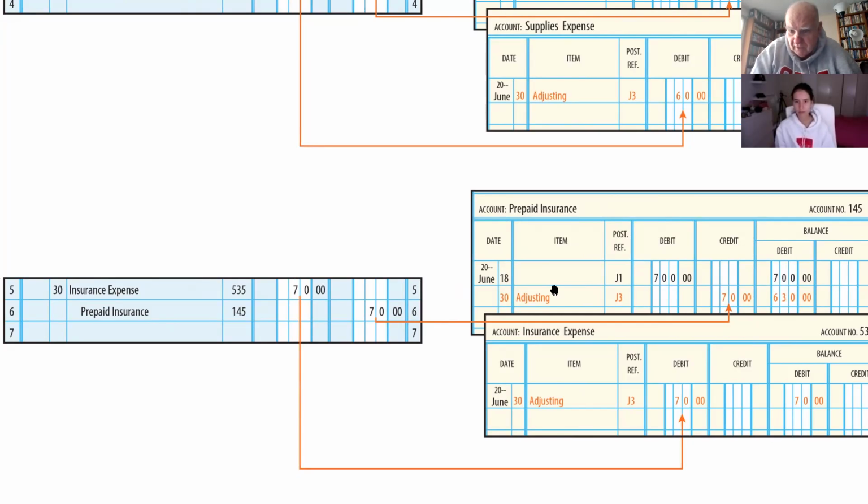So it's $70 a month in expense and a $70 use of the asset. This asset at the end of June is $630. At the end of the next period, it'll be $560, etc., until we get to zero. Here, every month, you're going to see the $70.